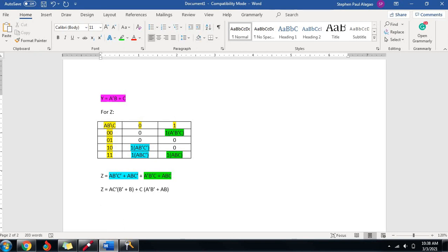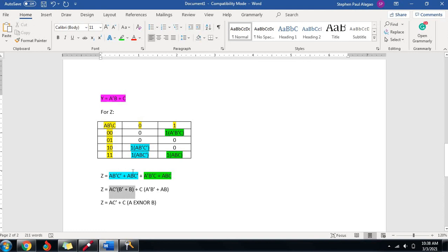So simplifying, cancel B bar plus B, so what remains is A, C bar, and C, and then A XNOR B. So that is the equation.